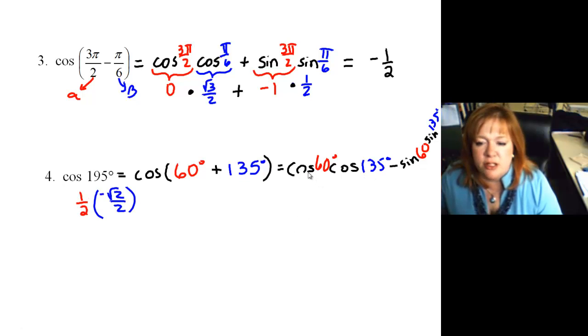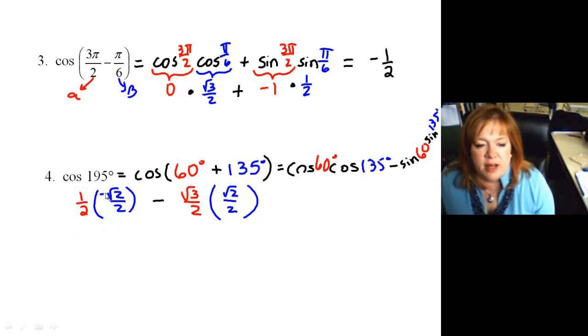So if we look at this, we're going to have 1/2 for cosine of 60 times negative square root of 2 over 2 for the 135 minus square root of 3 over 2 for the sine of 60 and square root of 2 over 2 for the sine of 135. Then you just have to simplify. So 1 times negative square root of 2 is negative square root of 2. 2 times 2 is 4. And so we'll have that. And then square root of 3 times square root of 2 is square root of 6 over 4. And then we can combine it as one fraction.